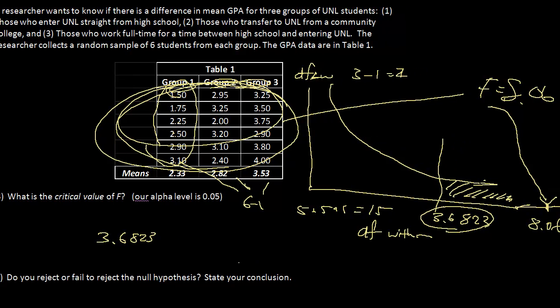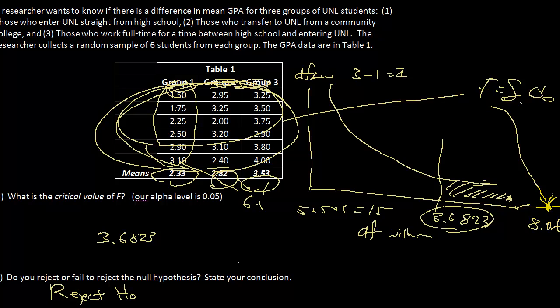So that means, do you reject or fail to reject the null hypothesis? You reject the null hypothesis. As I said, these differences of means were not due to sampling error. They were due to the actual difference between these groups, because the chance of this happening is so slim.